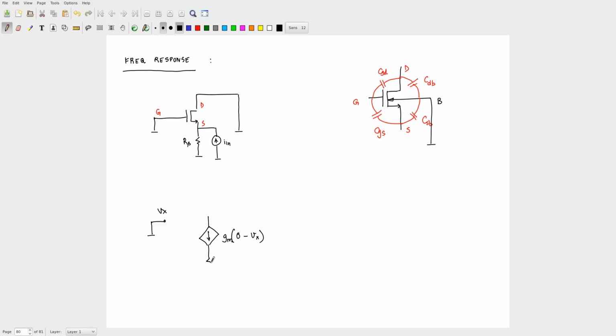And I have a source, and I have this. That is your Rs. Have I missed something? Vs is 0. Yeah, so let us leave it like that. Sorry. Yeah. Correct.